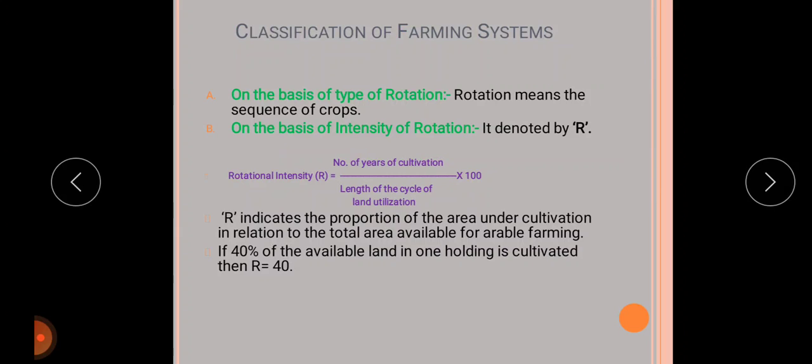R indicates the area under cultivation in relation to the total area available for arable farming. If 40% of the available land in one holding is cultivated, then R is equal to 40.